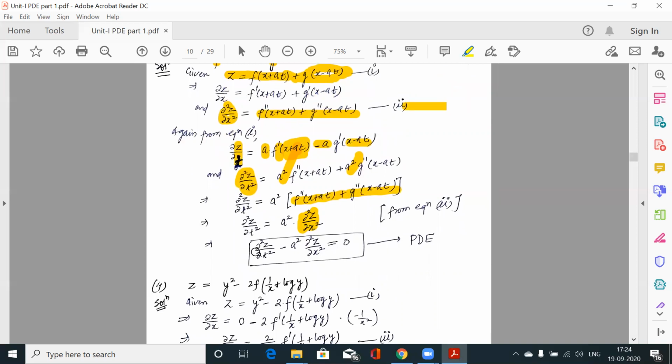Keeping this on the left hand side, del 2 z over del t square minus a square del 2 z over del x square is equal to 0. So this is our required PDE because it contains the derivative and also it is free from f and g, the two arbitrary functions. Any differential equation which contains at least one derivative and which is free from arbitrary functions is our required PDE, partial differential equation.